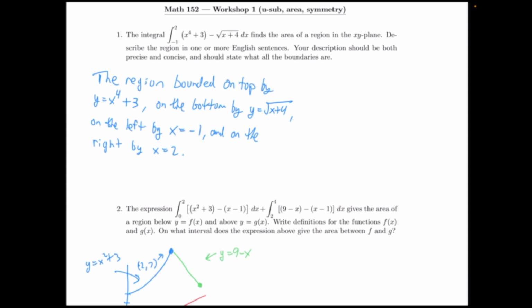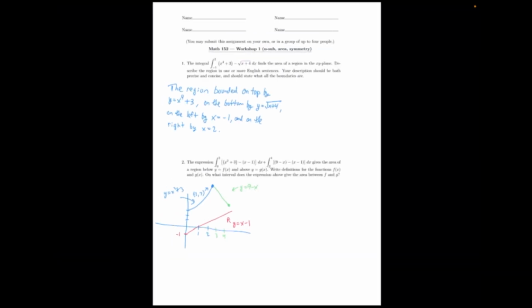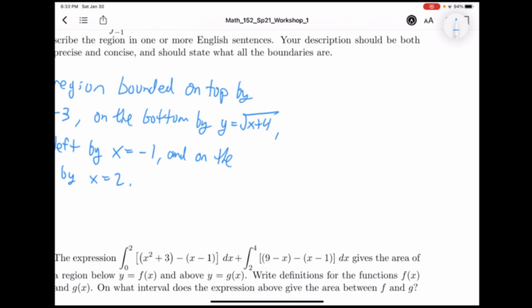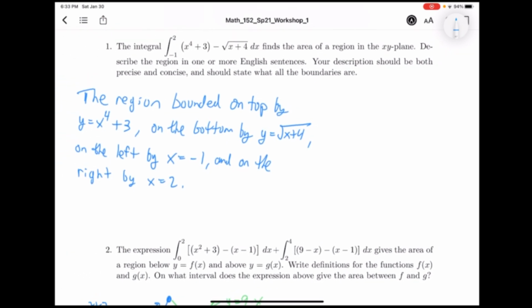So let me just draw for you what I had in mind. Okay, so what I had in mind was really this: if you look at these two expressions, this is clearly a top minus bottom type of integral.